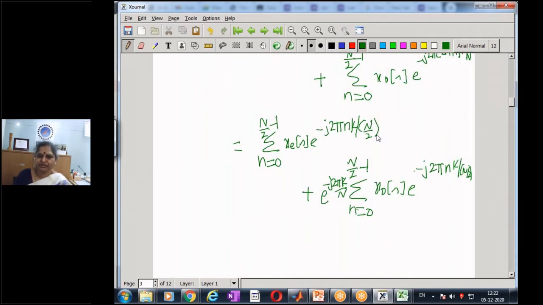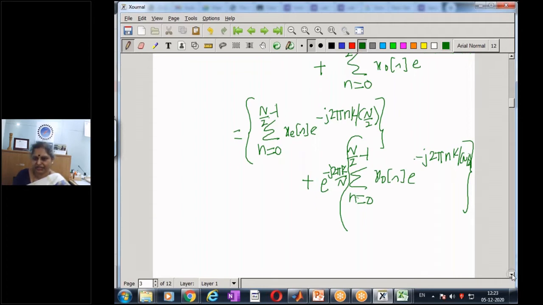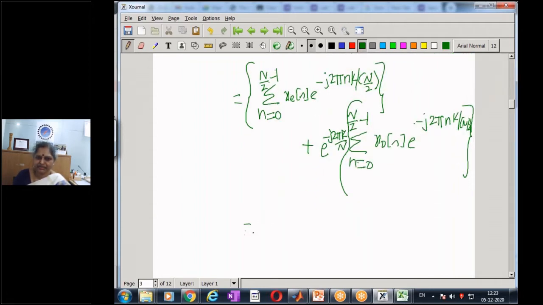Now it's very interesting to observe this summation. This entire summation can be recognized as the N by 2 point DFT of x even of n. Similarly, this other summation can be recognized as the N by 2 point DFT of x odd of n. So now we have the result: X of k is the N by 2 point DFT of x even of k plus e to the power of minus j 2 pi k by N times the DFT of x odd of k.